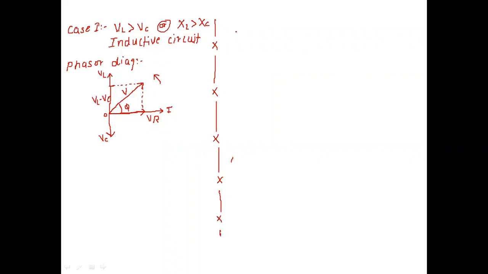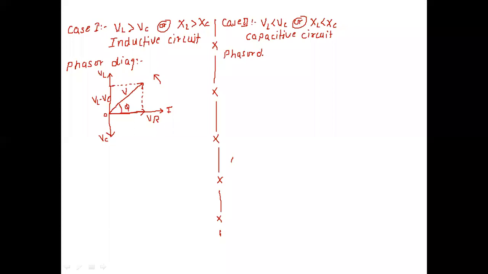Here I can write case number 2, which is VL less than VC, or XL less than XC, and at that time we say that this circuit will act as a capacitive circuit. Now see the phasor diagram for it. The phasor diagram is very important to understand the further concept.